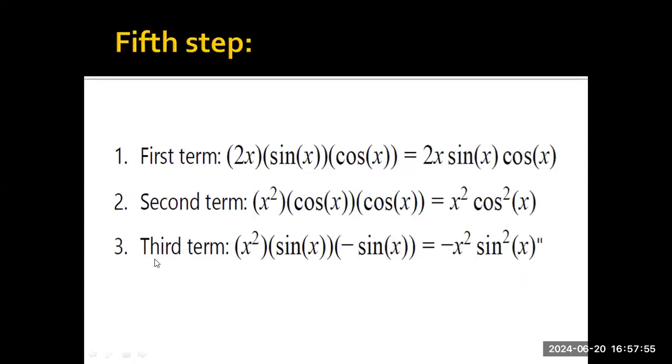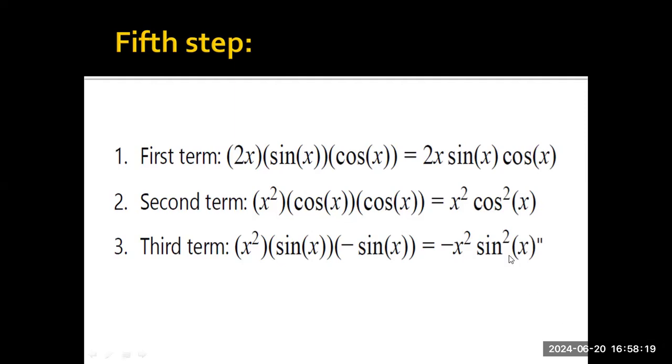Let's have the third term. So we multiply x squared by the sine value of x by the negative sine value of x. Okay, so notice that we are multiplying two sine values of x. So if we multiply these two sine values of x, the product should be sine squared x.